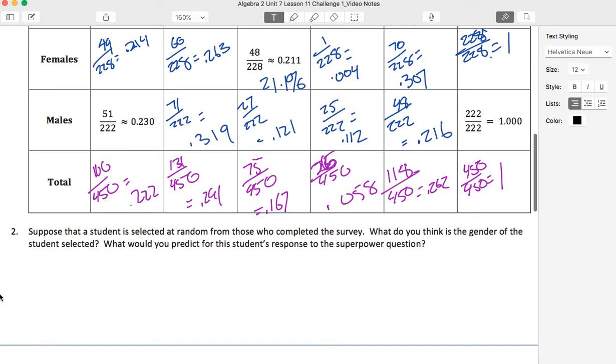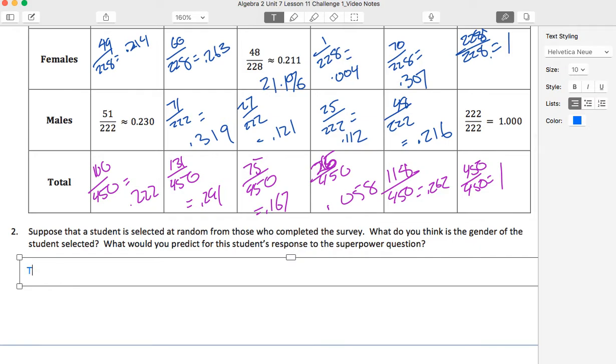So out of the 450 students surveyed, there are almost an equal amount of males and females.